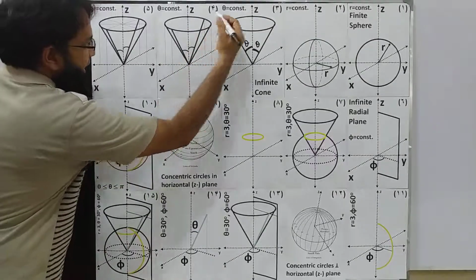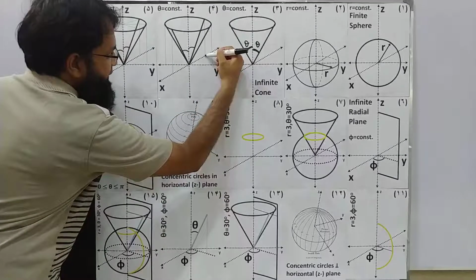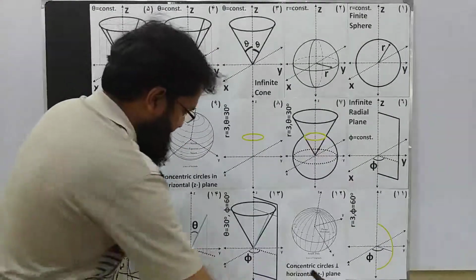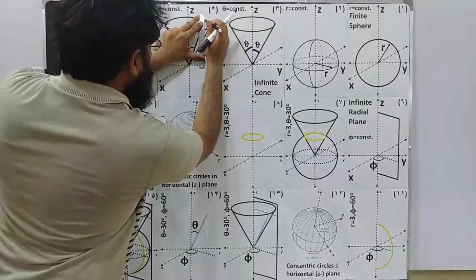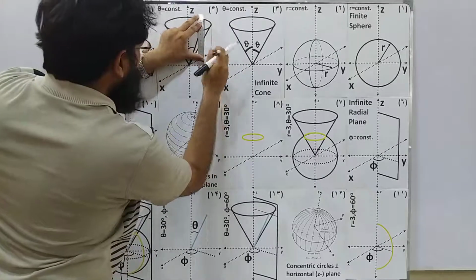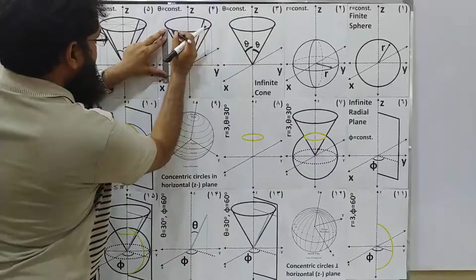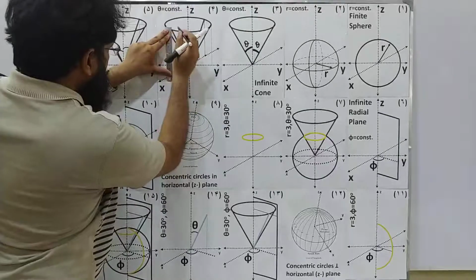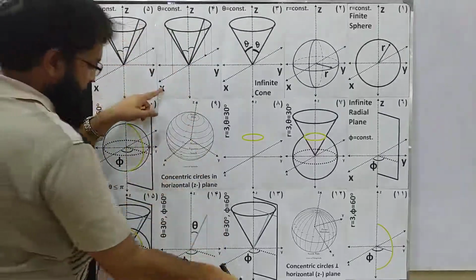the XZ plane. If you drop a perpendicular here, from here you will reach the x-axis. So from this point, if I drop a perpendicular, I will reach the x-axis on the negative side, and from this point also, if I drop a perpendicular, I will reach the positive x-axis.